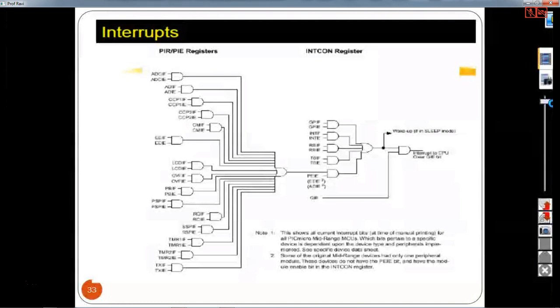And you have commercial code dumpers available. So you can program your PIC microcontroller by using this. You can buy it. Now it is available on Amazon, Flipkart also.